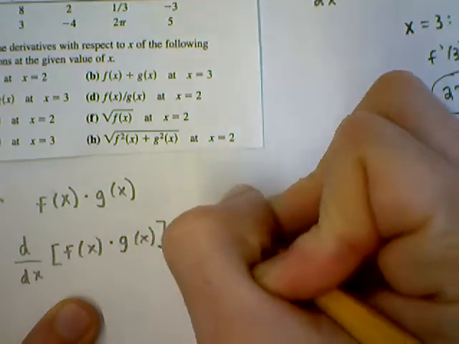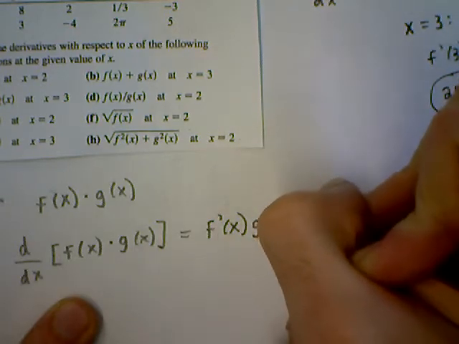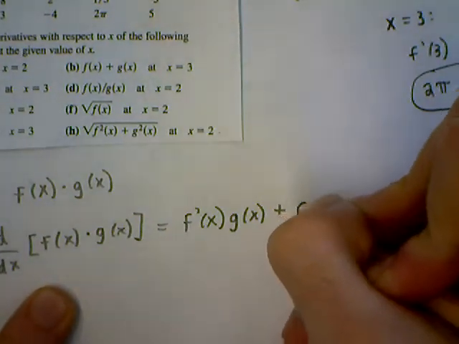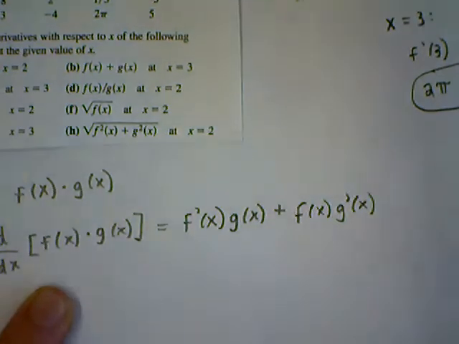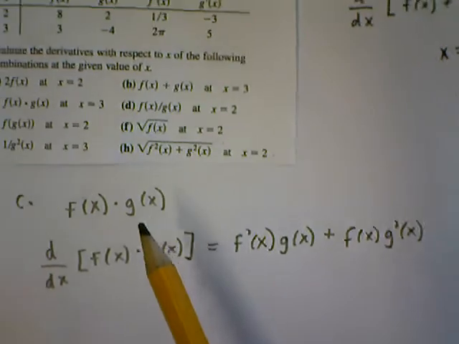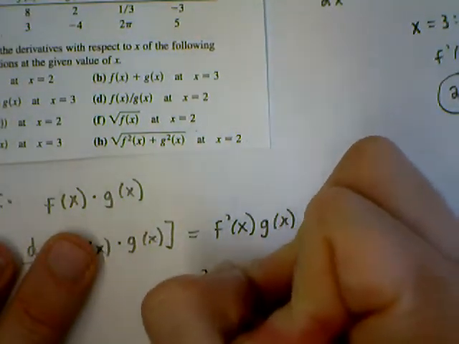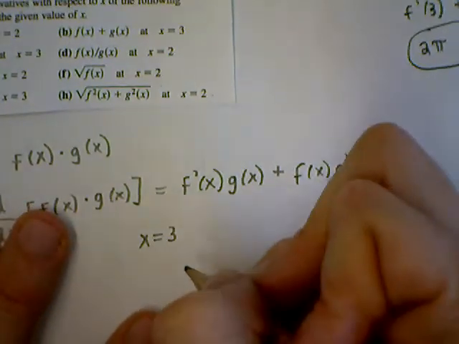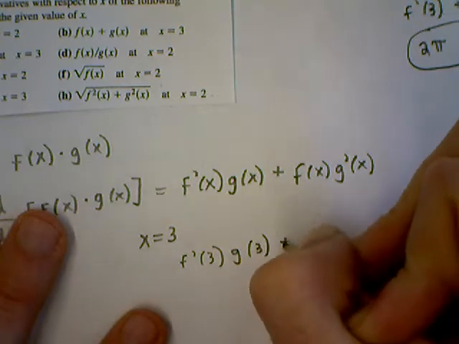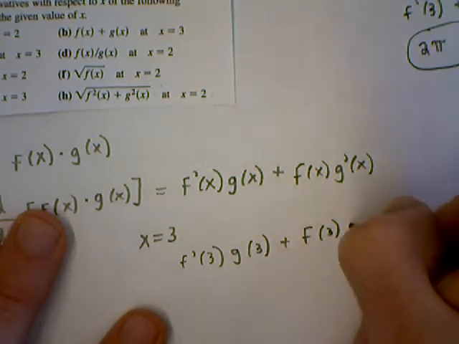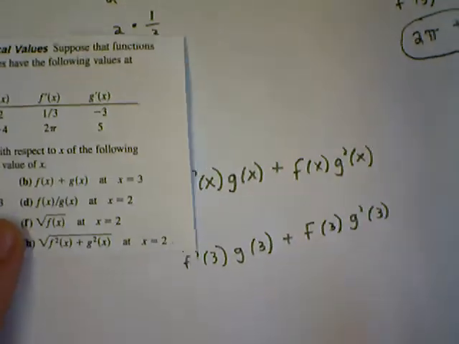So it's going to become f prime of x times g of x plus f of x times g prime of x. It's the product rule. I'm evaluating at x equals 3, so let's plug them in. I'm going to have f prime of 3 times g of 3 plus f of 3 times g prime of 3.